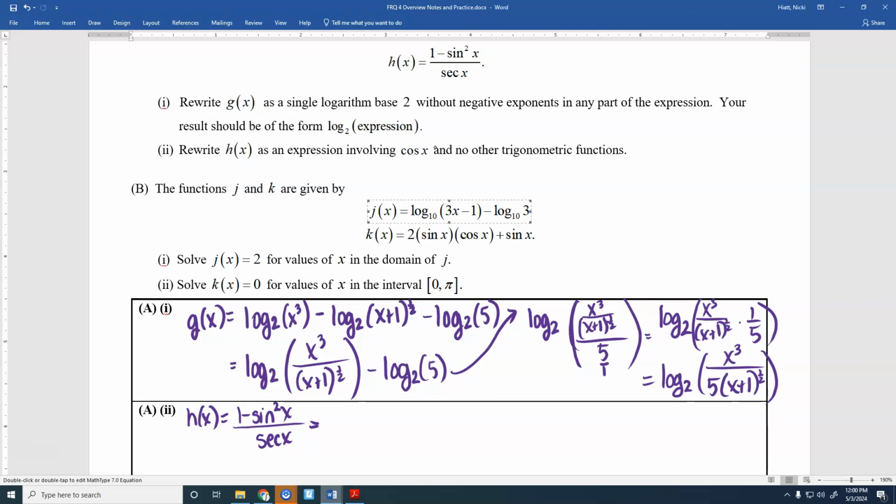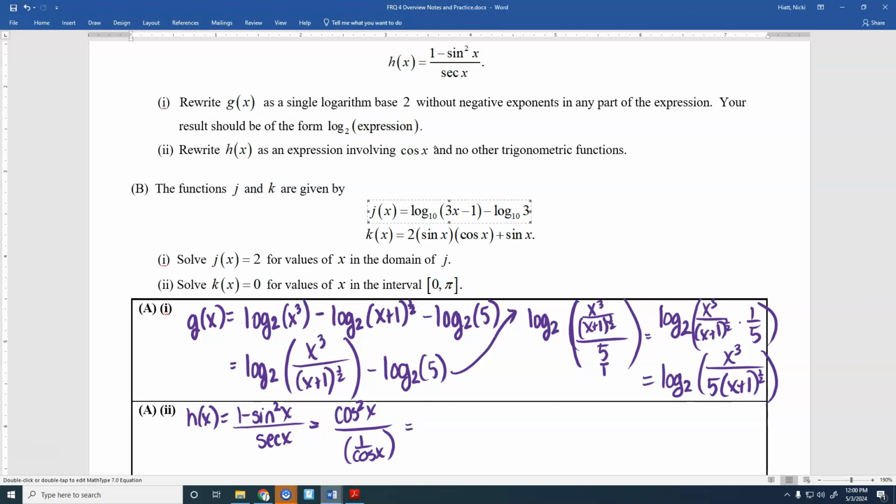Because what is 1 minus sine squared x? Cosine squared x. What is secant x? 1 over cosine x. Even though it's all cosine now, I don't think we can leave it like this, because you have stuff that could be combined.